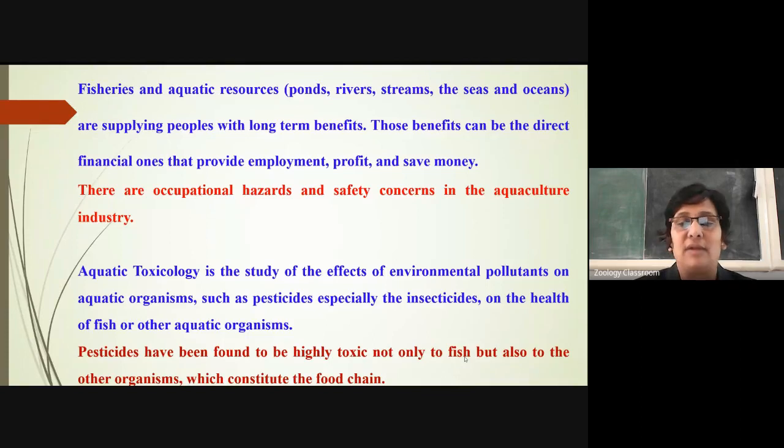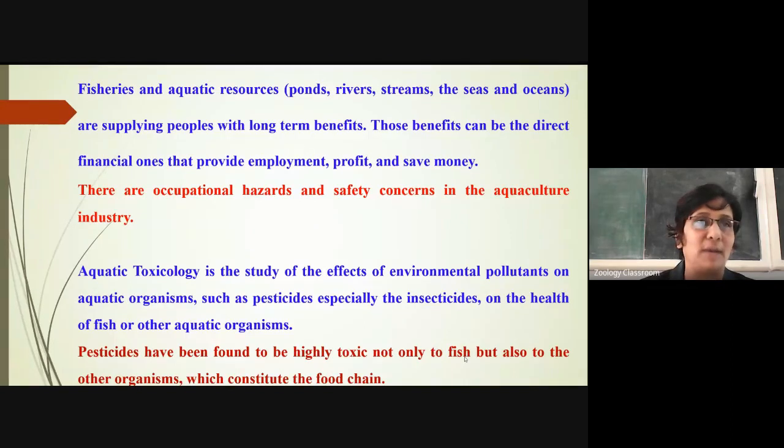So in aquatic toxicology, we study the effect of environmental pollutants, especially insecticides, on the health of fish and other organisms. Pesticides have been found to be highly toxic, not only to fish but also to other organisms which constitute the food chain.